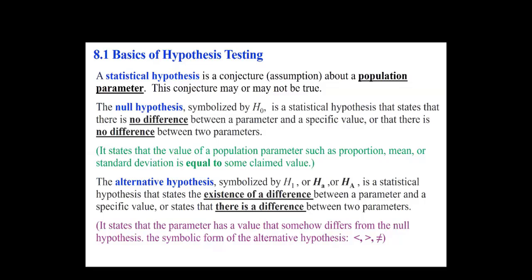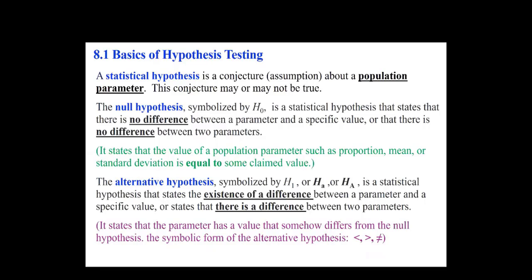So that's the null hypothesis. In some cases, they set up the test of hypothesis such that it's always H0, the null hypothesis, or always H1 or HA, the alternative hypothesis, that is the claim. That's not the case here. We read the question, we make a decision which one is the claim. We discuss that as we come across.